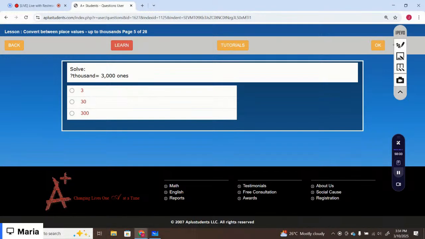Three thousand ones equal how many thousands? That is 3,000. Option number 1 is the correct option.